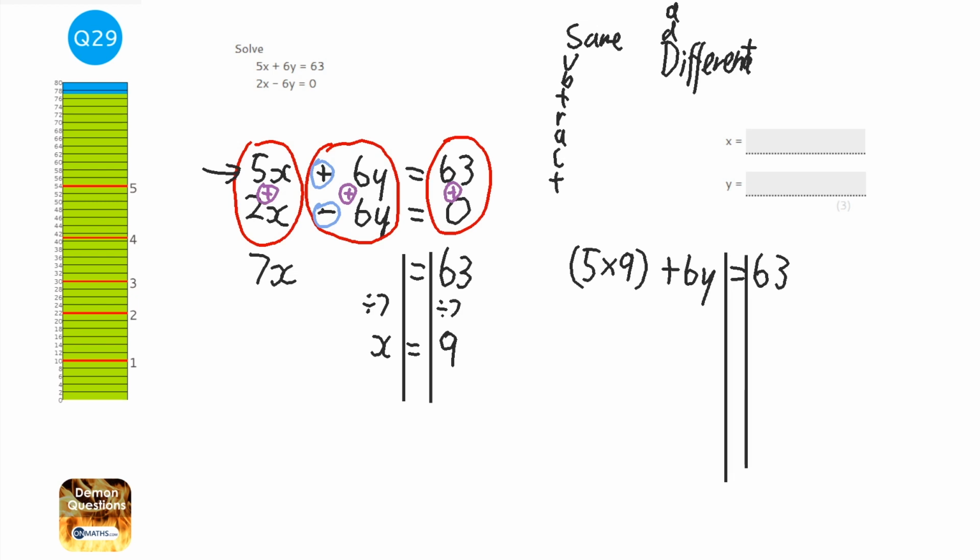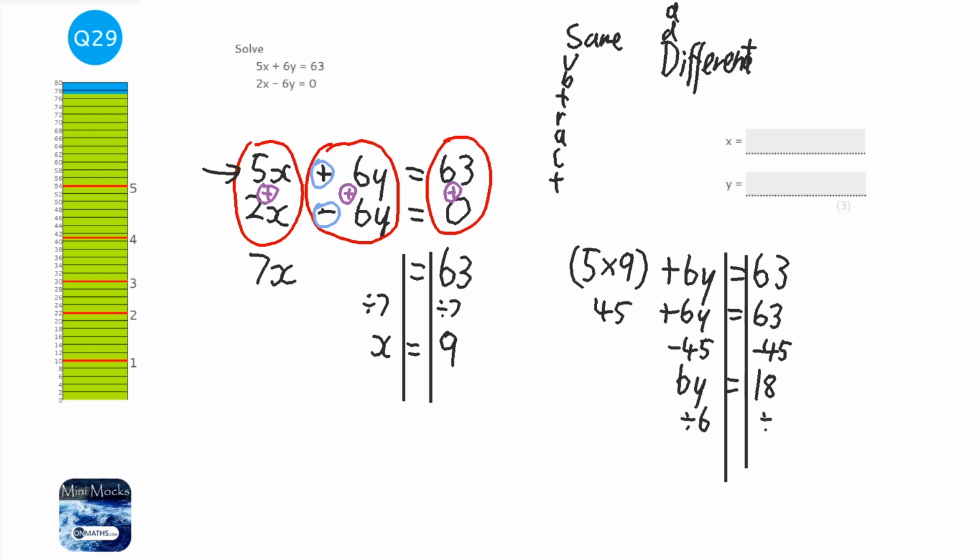So 5 times 9 is 45, plus 6y equals 63. Then we're going to take away 45 from both sides. So 63 take away 45 is 18. So 6y equals 18. Then we divide both sides by 6, so y equals 3.